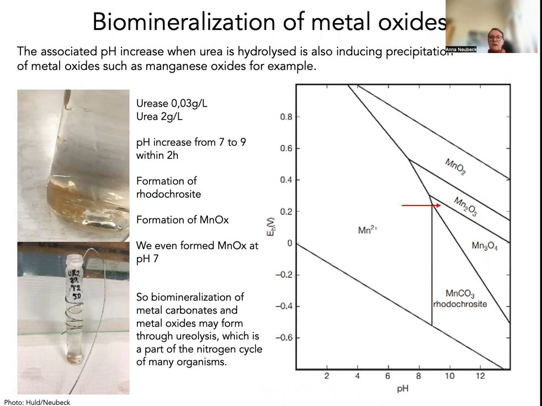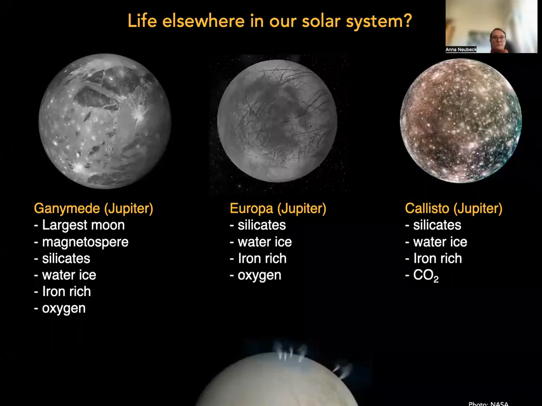And this means that if we are going to look for life, we can look for life in other places in our solar system where the surface conditions are harsh, but has hydrothermal activity.